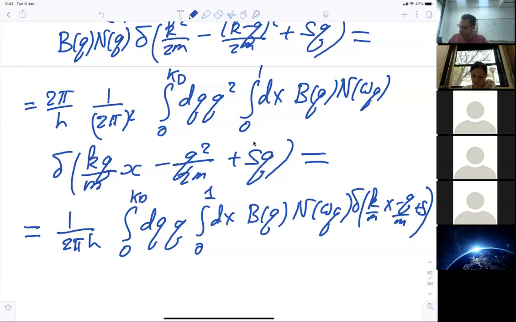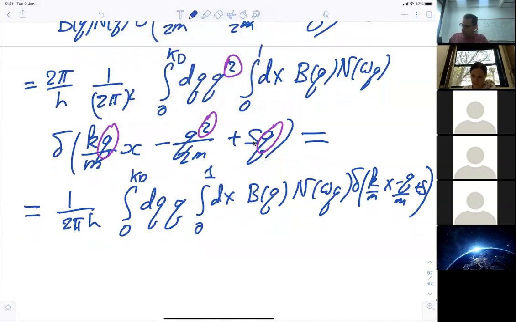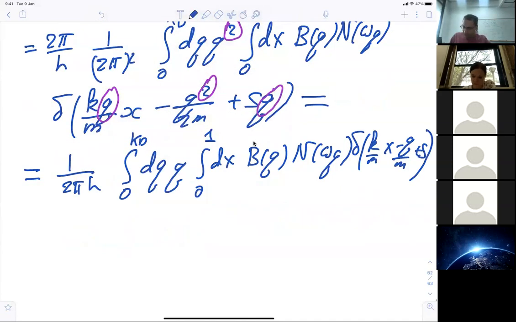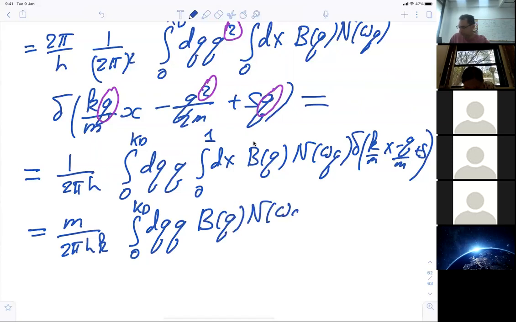I took one q from this delta function outside, and therefore instead of q squared I have q to the power 1. Now I'm performing the integral with respect to x, so I'm getting m over 2 pi h bar k, integral from 0 to kD of dq times q, b of q, N of omega q.